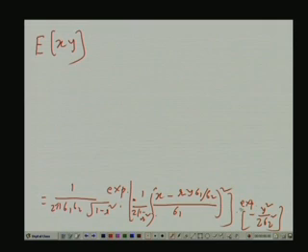This is a joint density. So, multiply this by x y, integrate from minus infinity to infinity, but it is a product of two exponentials. So, I can work like this. One, this exponential involves only y. So, this will be an outer integral.